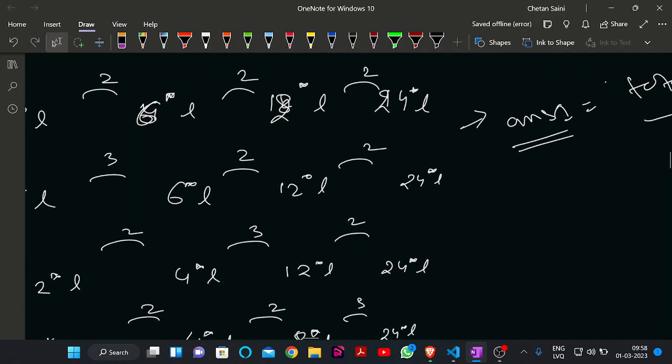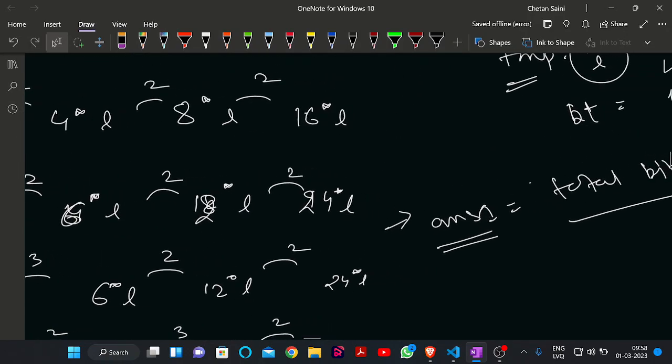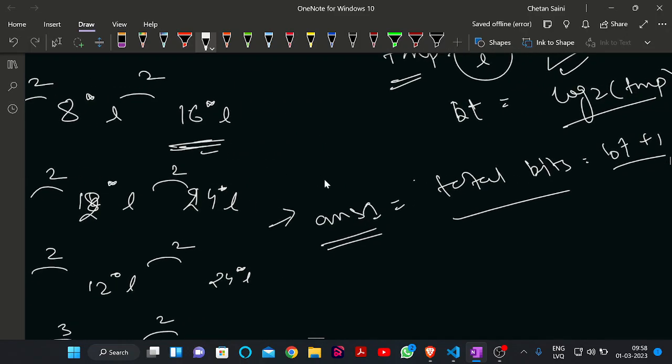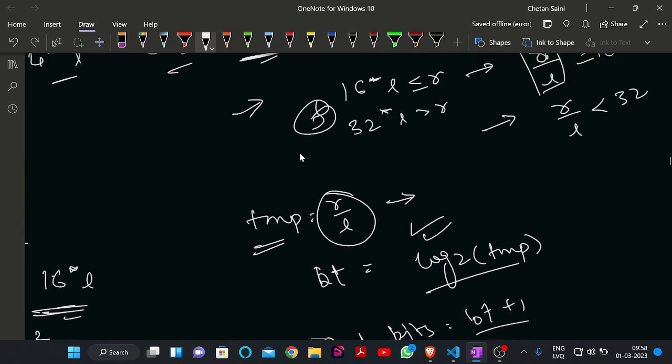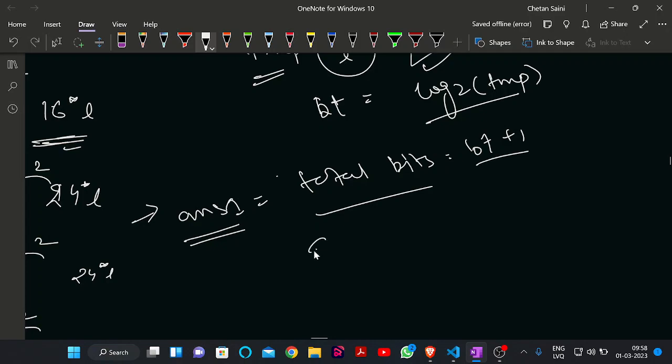So for the 16 interval, as we have seen, how to find this number: first of all, count r upon r, that will be 10.